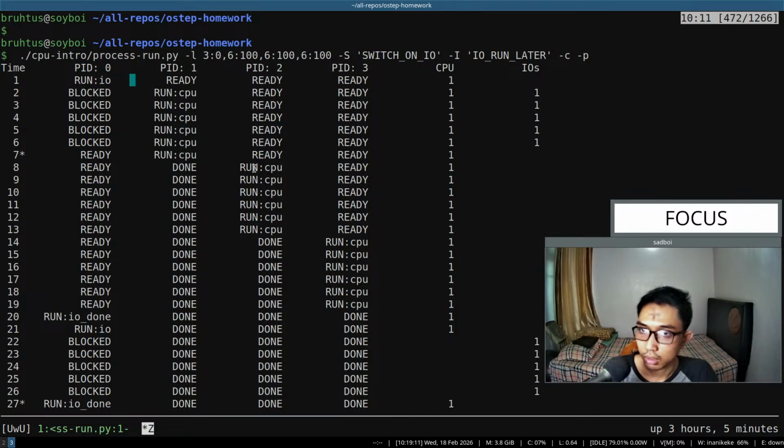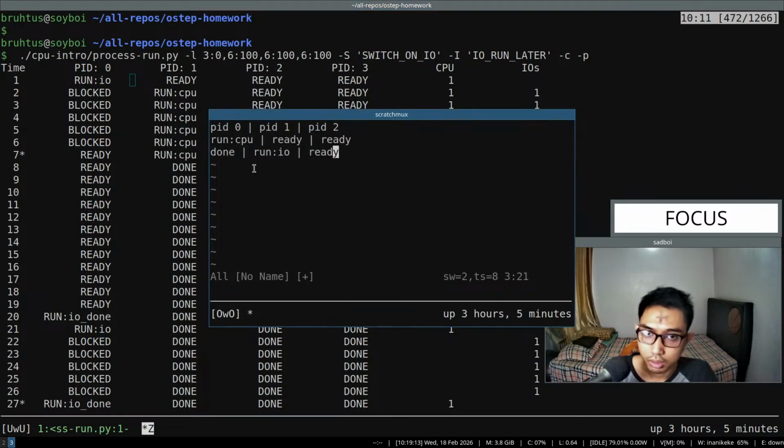Run IO, okay. So it is still ready, right? Done. Log. And then run IO. Oh, sorry.